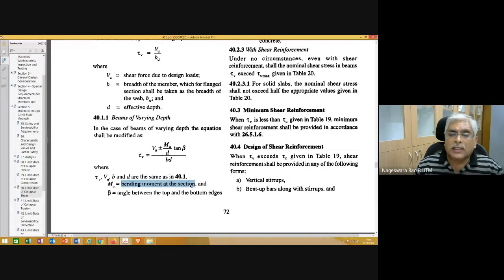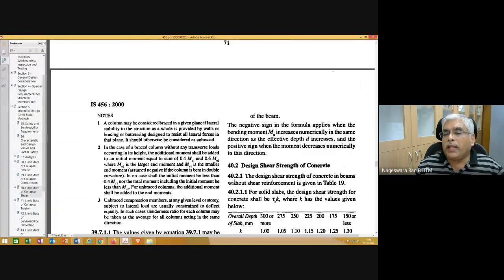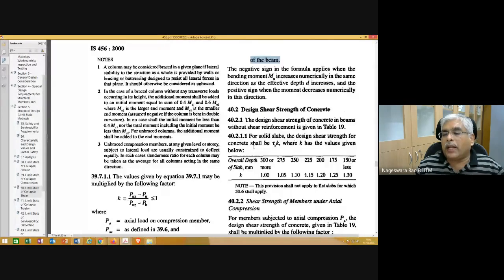Wherever you are trying to find the nominal shear stress. And what about beta? Beta is the angle between top and bottom edges of the beam, that you keep in mind.